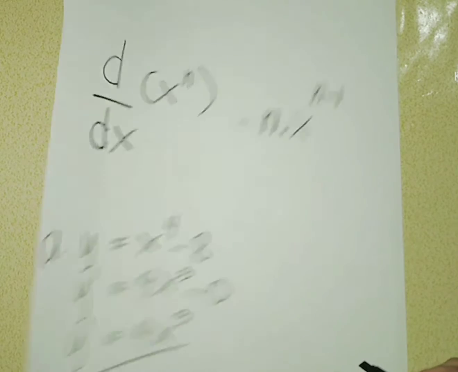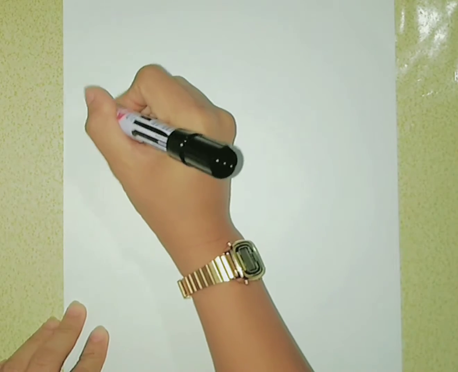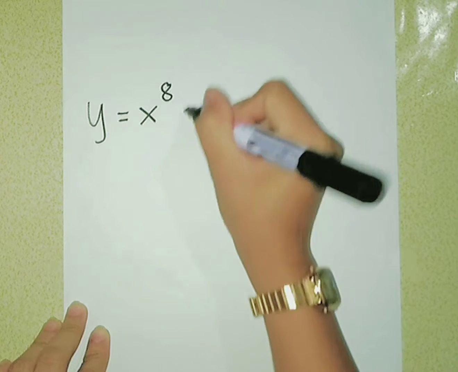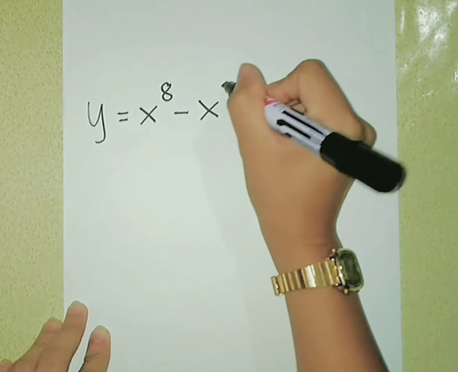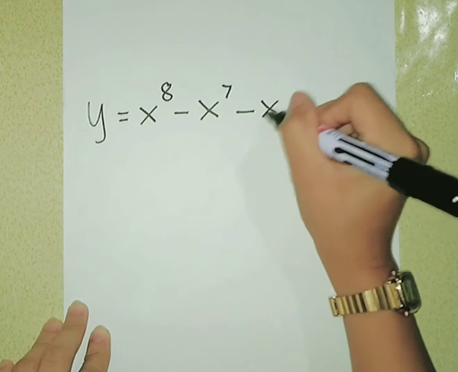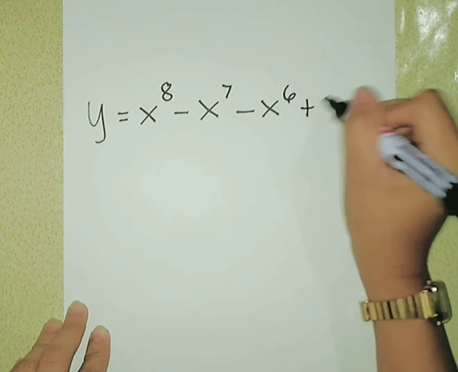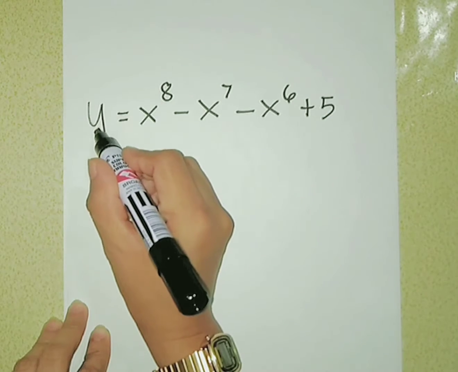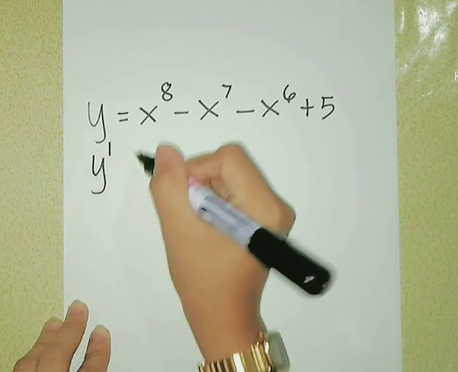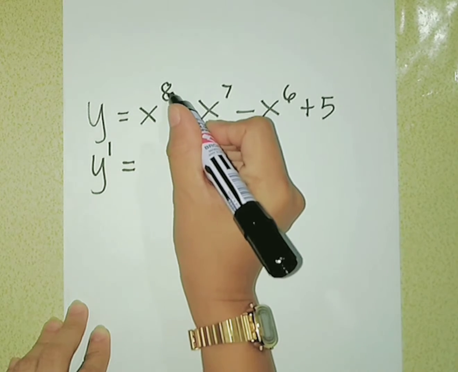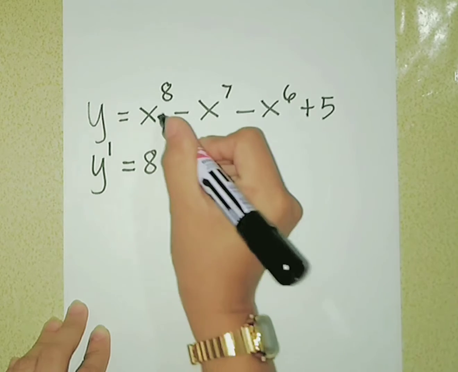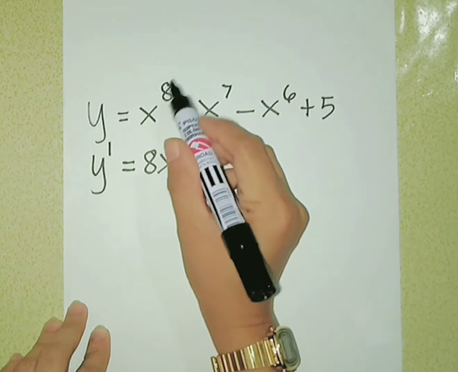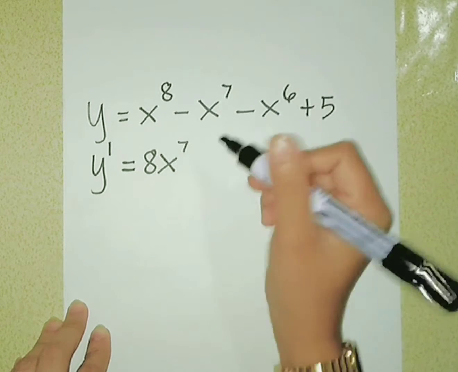Then we have y equals x raised to 8 minus x raised to 7 minus x raised to 6 and then plus 5. So the derivative of y is y prime equals, so by applying the power rule, 8 comes right in front and then multiply by x, and then n minus 1 is the exponent, where our n is 8, so 7.